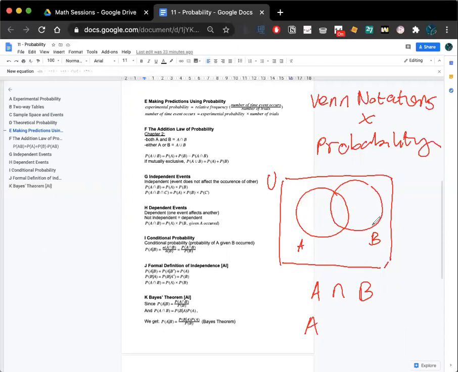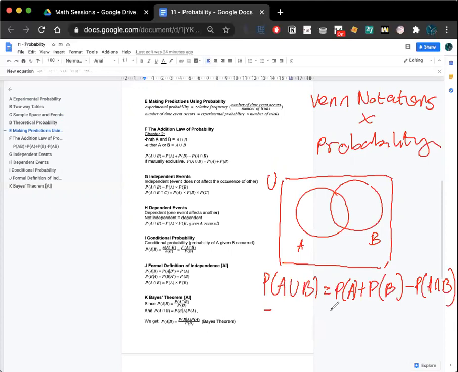So if you calculate this mathematically, you get P(A union B) equals P(A) plus P(B) minus P(A intersection B).